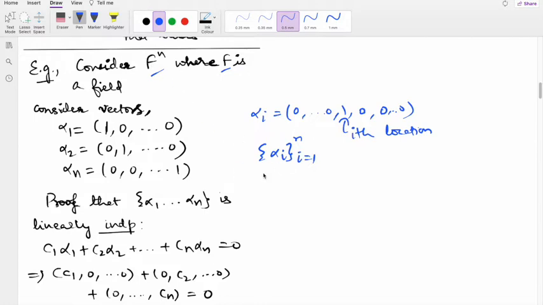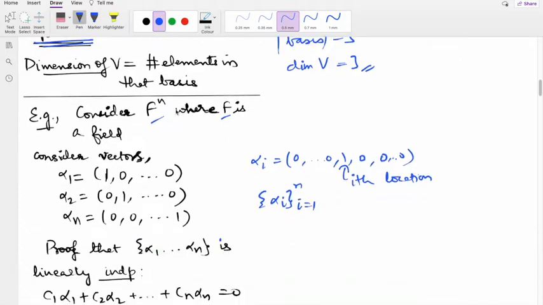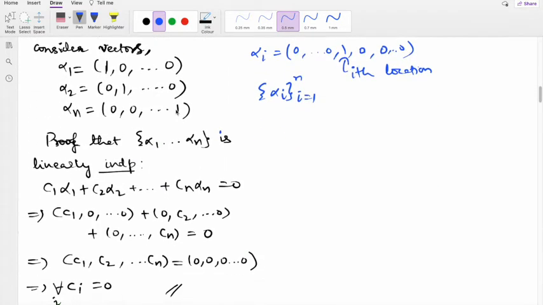So we need to do two things. We need to show that this set is linearly independent, and second, that it spans V. So we need these two things. First we'll go ahead and prove that they're linearly independent.